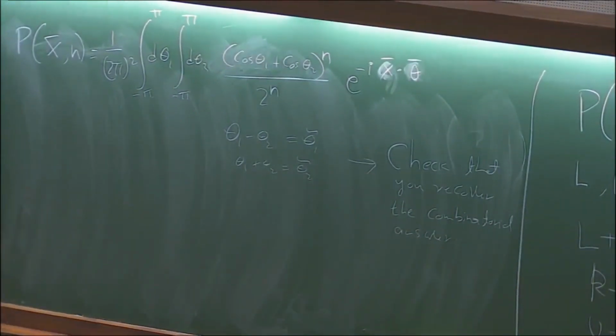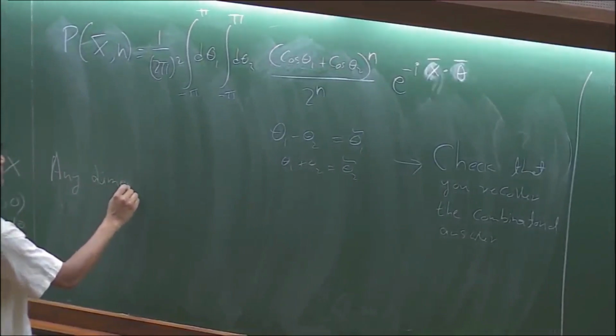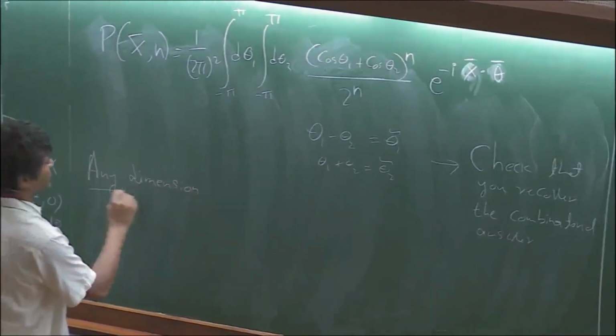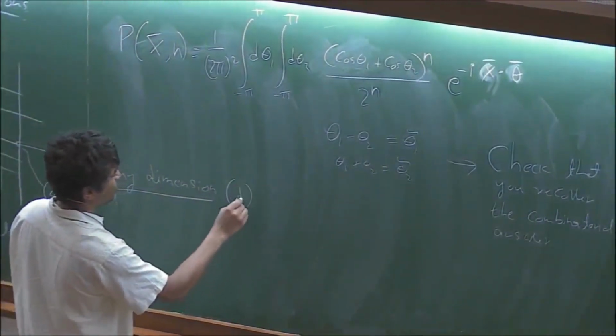Okay, so now, obviously, this is easy to extend to any dimension. I won't do the details, but the final answer you can immediately write down for any dimension. So D is the dimension.